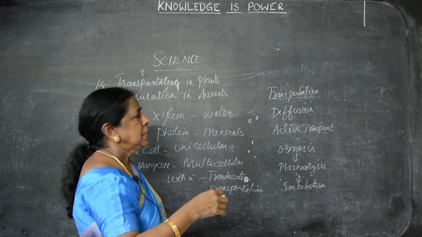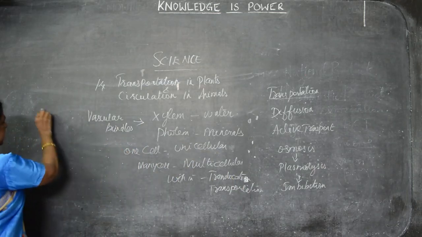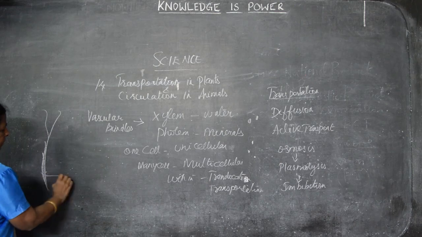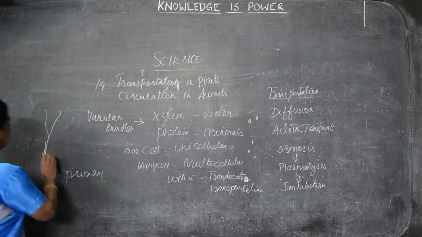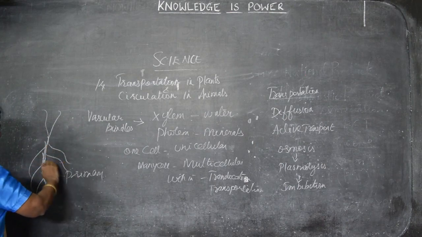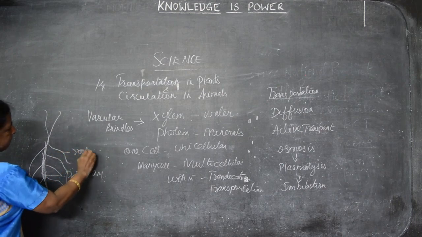For example, this is the root. This is the primary root, the root which begins first. That is known as the primary root. From the primary root, we get the root hairs.